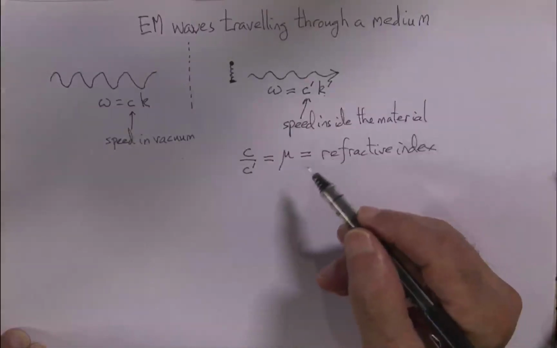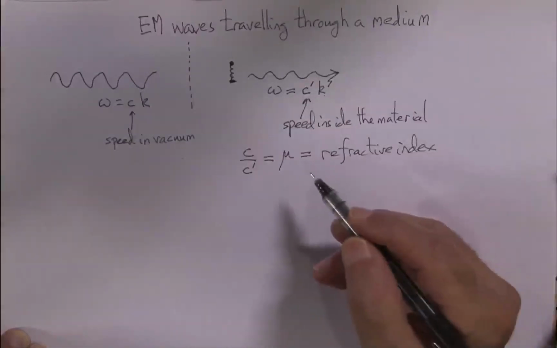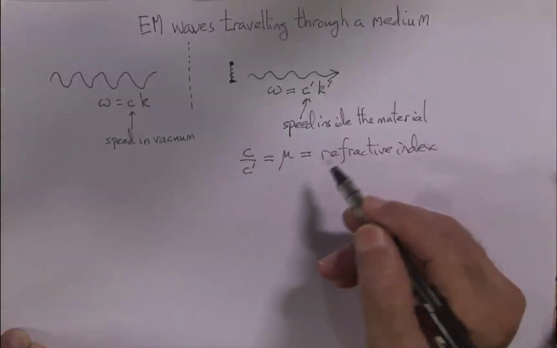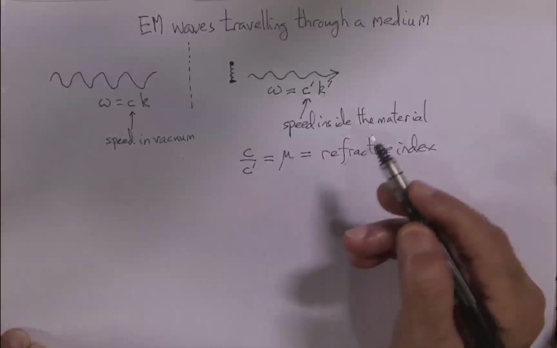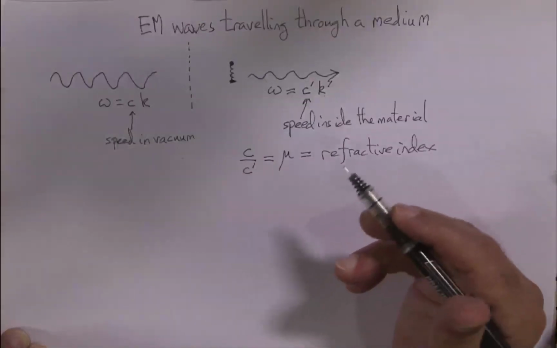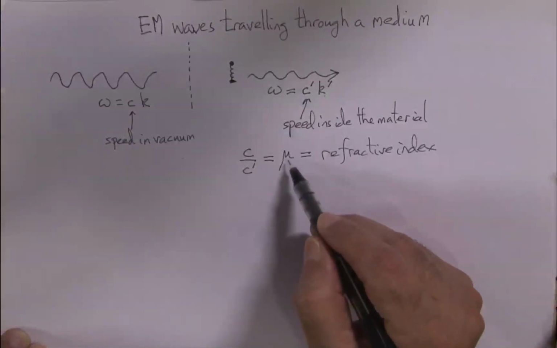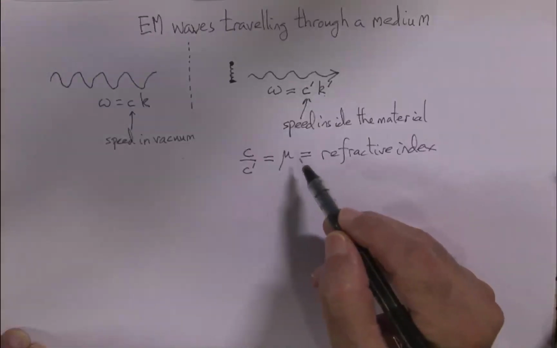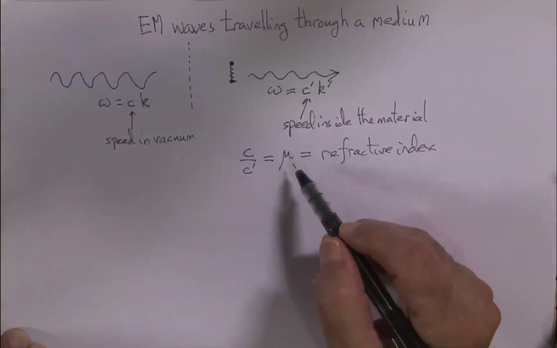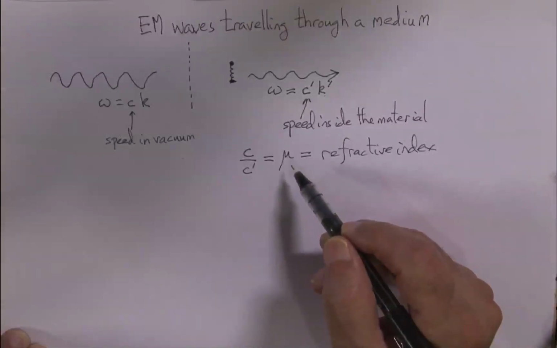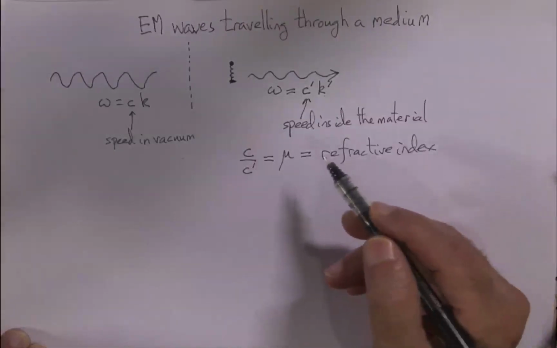So for water, it would be, I think, something like 1.5 or so. It would be different for glass, different for various other materials, and so forth. But the fact that this is bigger than 1 for glass means that the speed of light in glass is going to be less than the speed of light in vacuum.